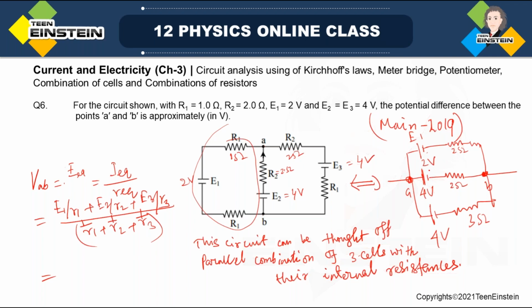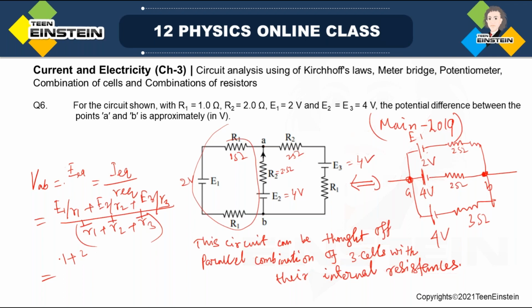So in the equivalent circuit, E1 by R1 is E1 by 2, and E1 is given as 2, so 2 by 2 will be 1, plus E2 by R2, 4 by 2.